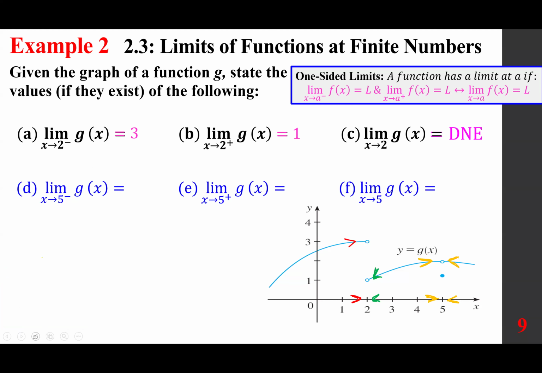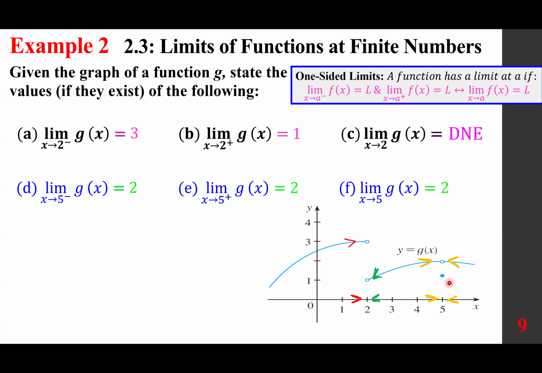In both cases, left or right makes no difference. We're moving towards the same hole, which has a y coordinate 2. So the left one gives us 2. The right one gives us 2. Because the two are identical, the limit does exist.